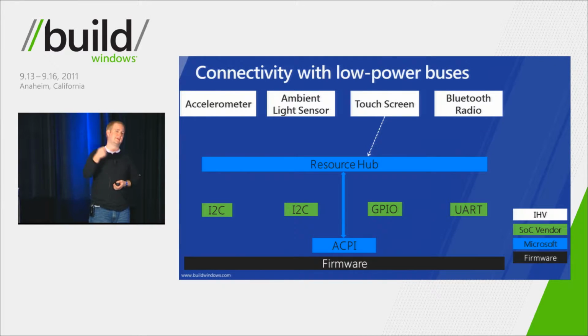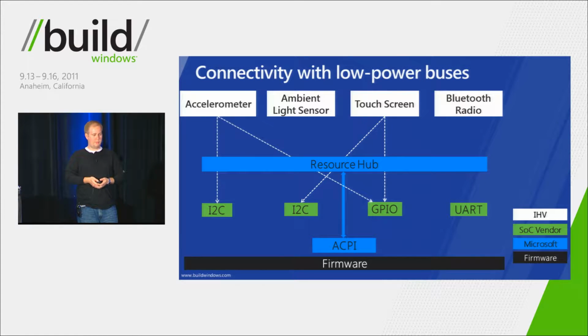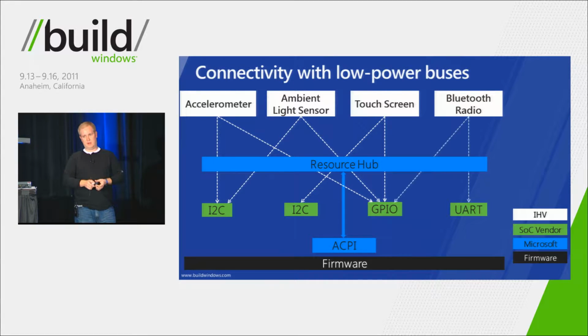I'm expecting an I2C connection and some sort of interrupt. Ask the Resource Hub, and the Resource Hub gives the connection link, and then you go and you start talking right to the proper buses. And we do this for everything. Again, I like to think of it as the digital matchmaker. You don't worry about the netting and the piping underneath, and let the Resource Hub take care of that for you.